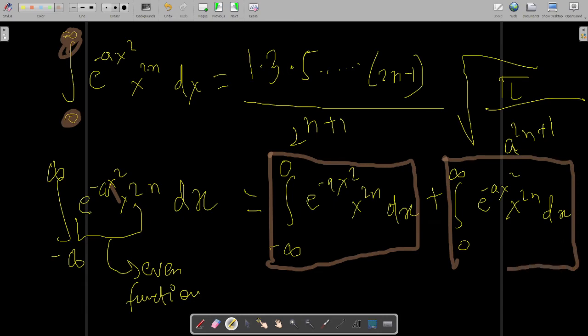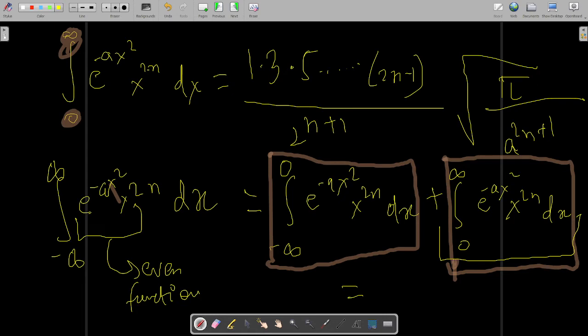By the property of even function, which you have learnt in your 11th standard maths, the two quantities in the box are equal. So if they are equal, I can write it as 2 times this one.